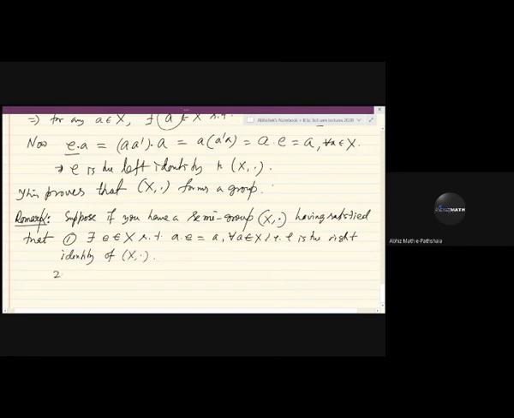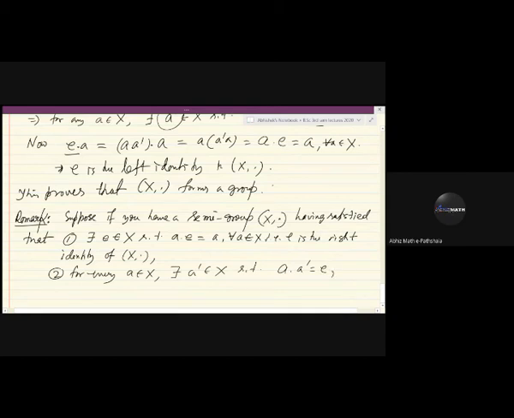And number two is for every A belongs to X, there exists A dash belongs to X, satisfying A dot A dash equal to E.